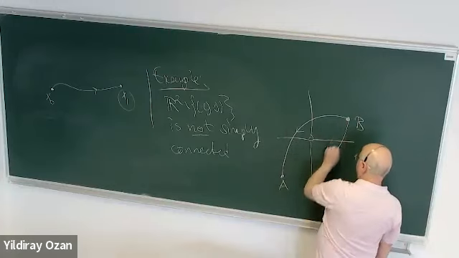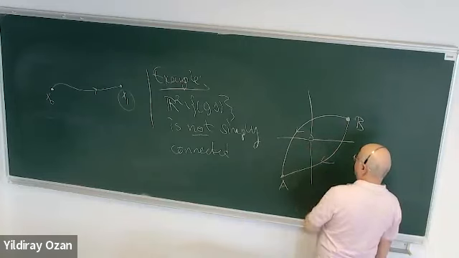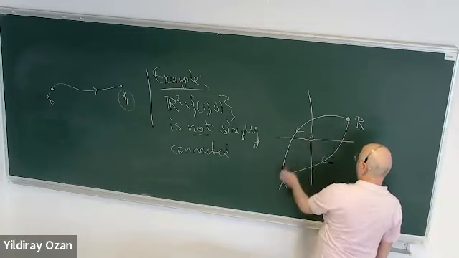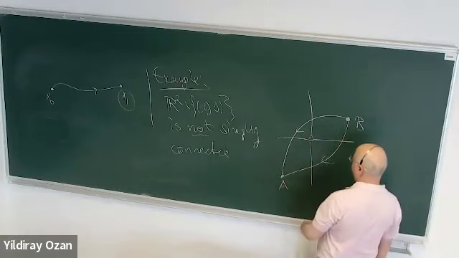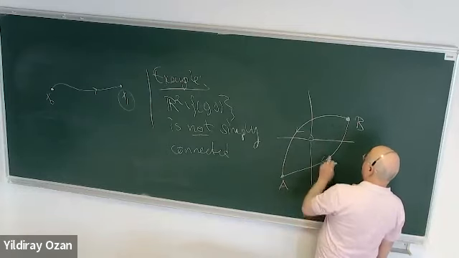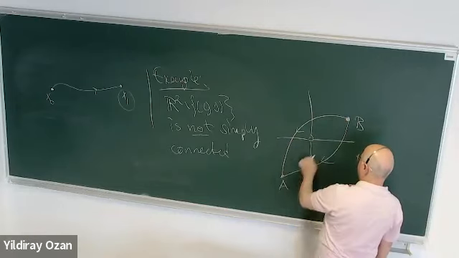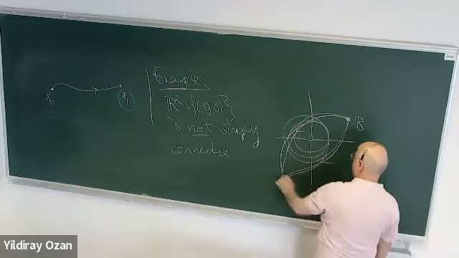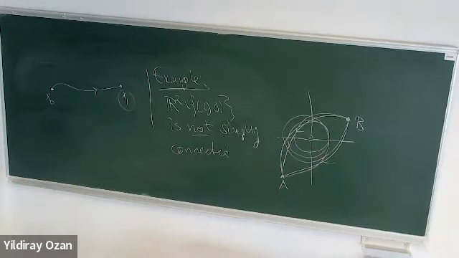This path is not homotopic to this path. We will see why it is not soon. And therefore, for these 2 points, there is no single homotopy class of paths joining these 2 points. That's why it is not simply connected. It is multiply connected. This is one way of going from this point to this one. This is another one. This is another one. This is another one, and so on. So we have several different ways of going from one point to another.